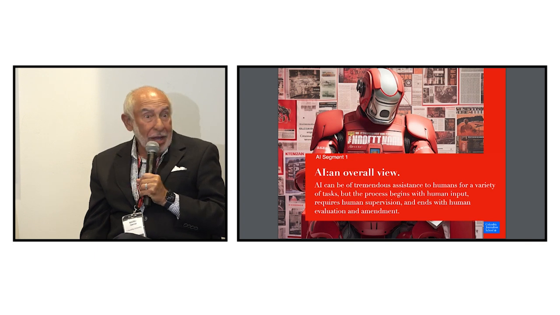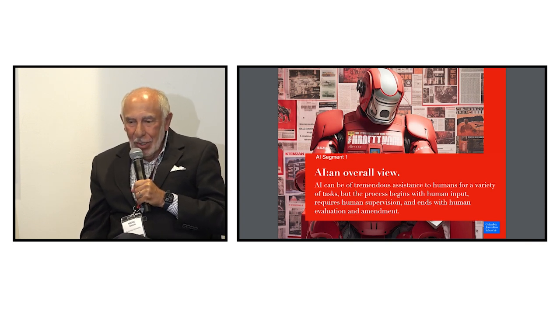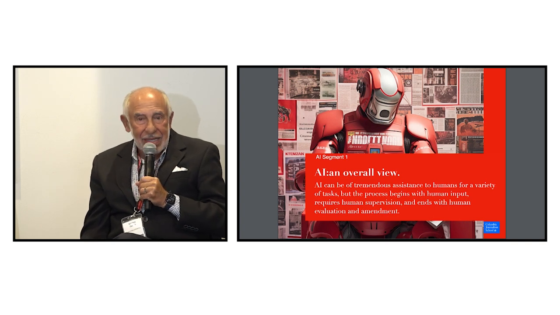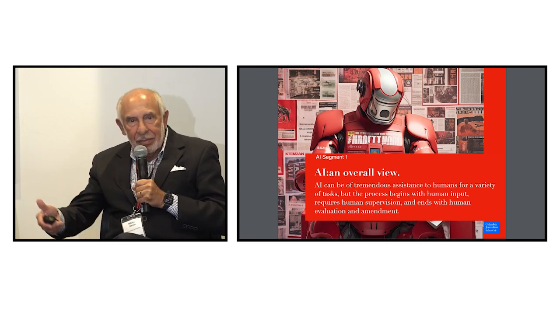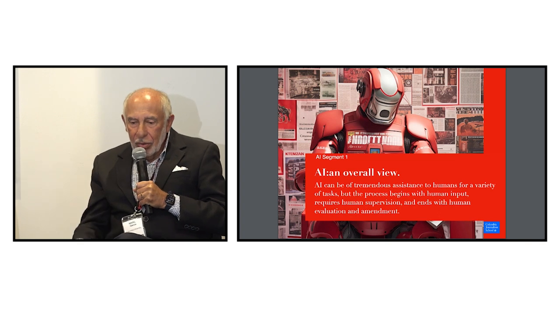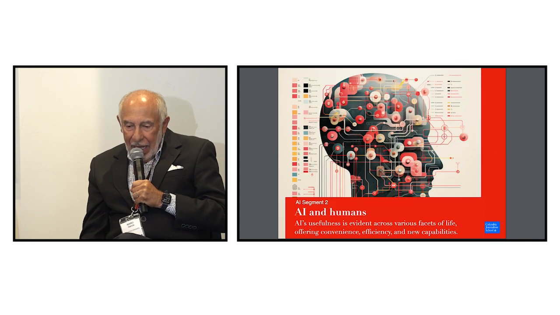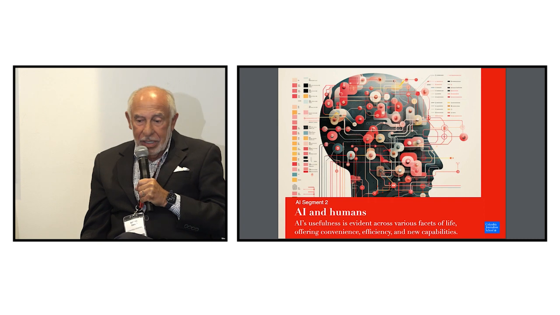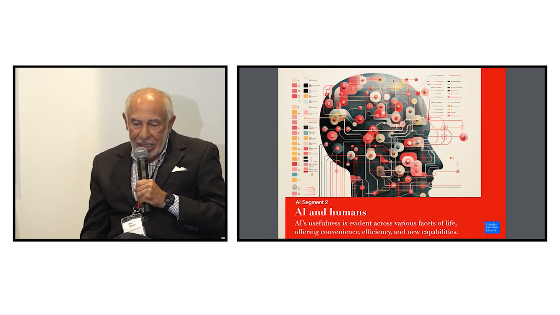I created these graphics with Midjourney. And so all of these will be the first slide for each of these lectures. I had 7 segments throughout the semester to walk students through what this is all about. The second was AI and humans, which is a fascinating topic for me. What is the relationship? In the book, I call it the dance between humans and robots.